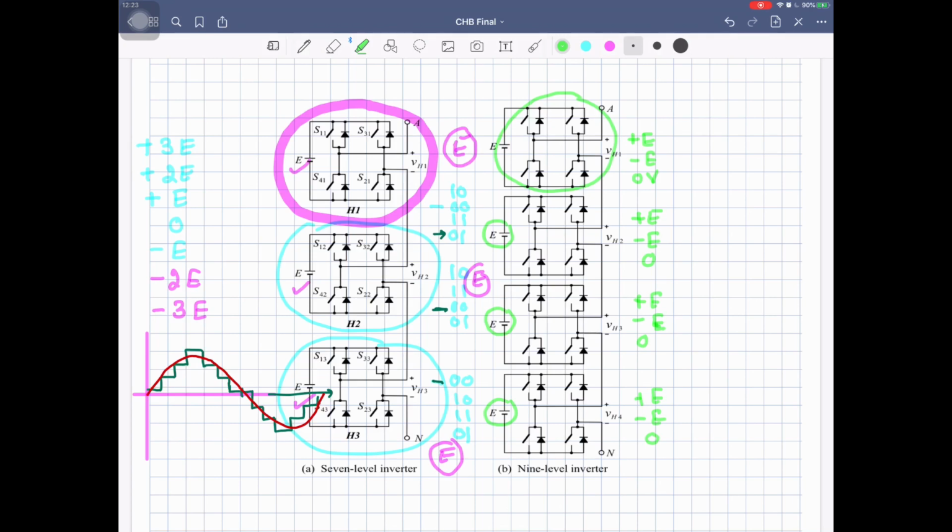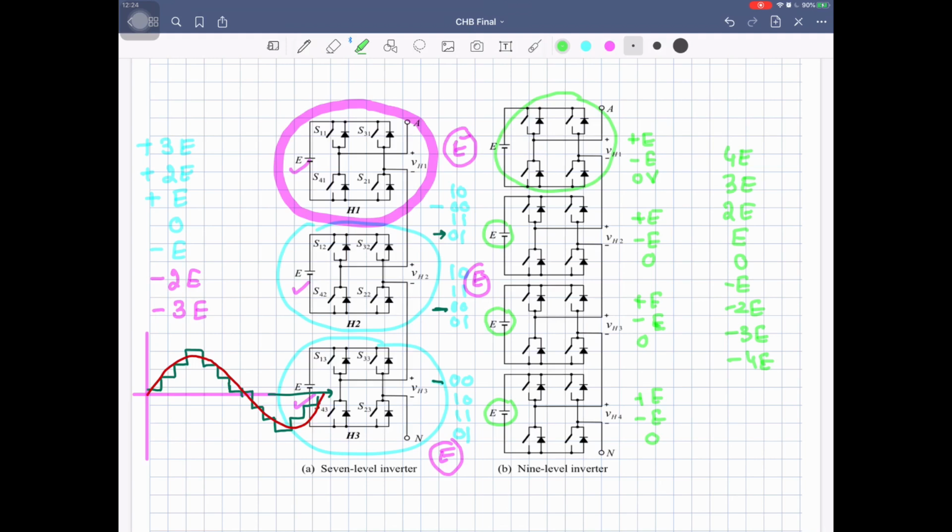So we can construct 4E by applying 1 0 to all of these inverters. To get 3E, one inverter will have the combination 0 0, the other ones will have 1 0. So we can get 3E, 2E, E, level 0, minus E, minus 2E, minus 3E, and minus 4E.